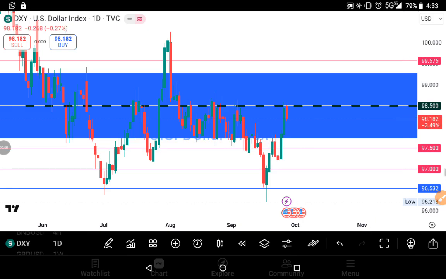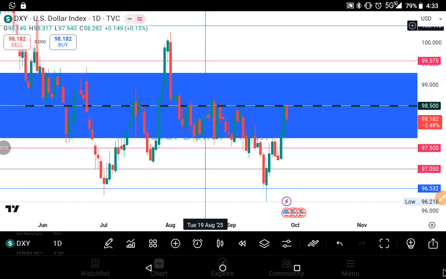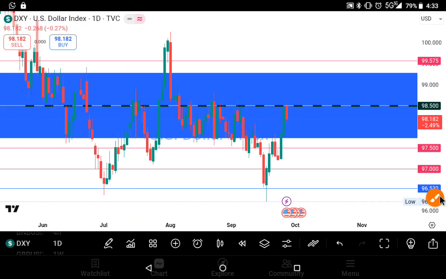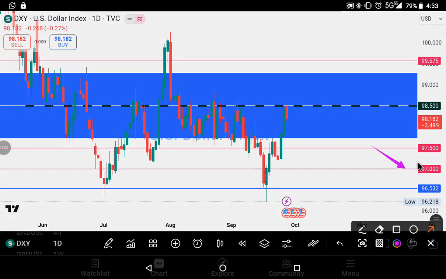As of last week, I was expecting the level 97 big figure to serve as a support to dollar index, the level 97 big figure to serve as a support of the price that will send us into 98 big figure and 98.5. So the level 98 big figure and the level 98.5 has been taken.